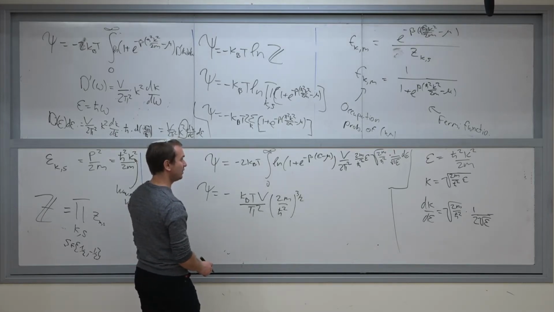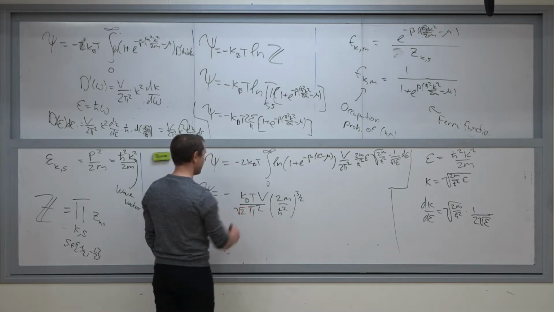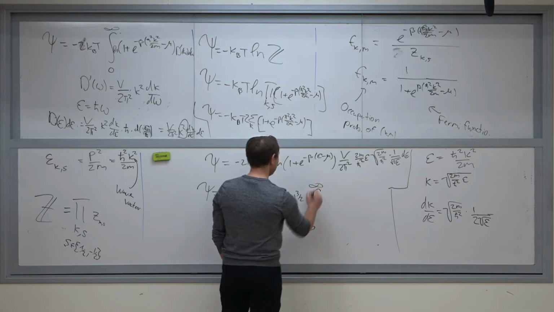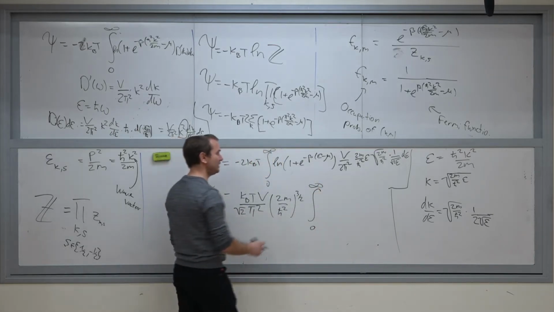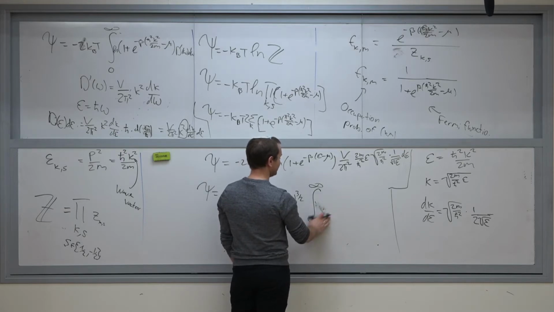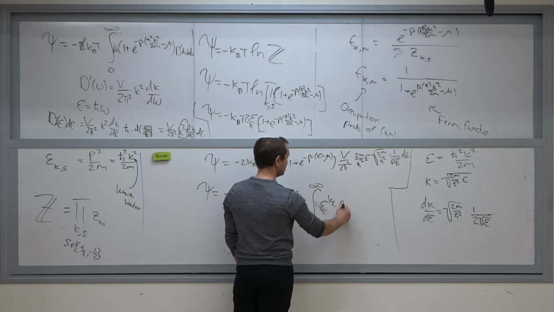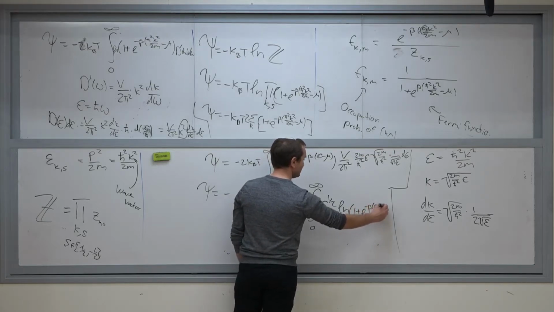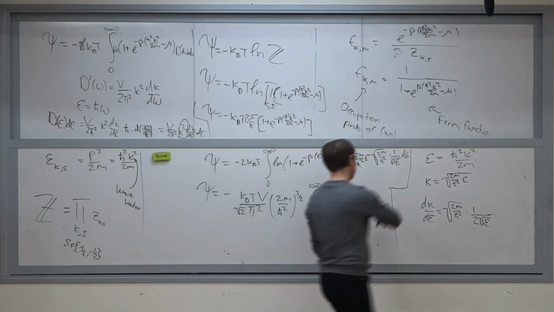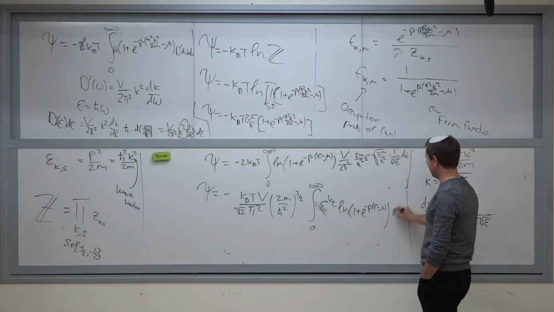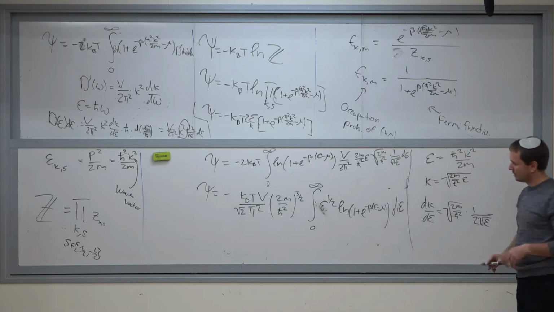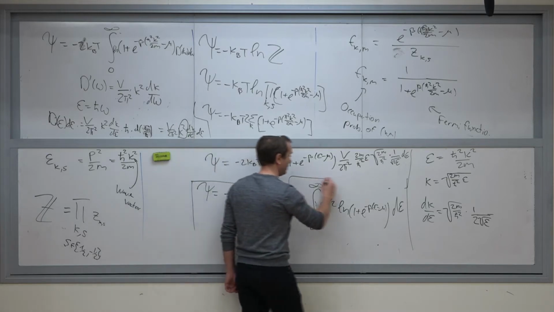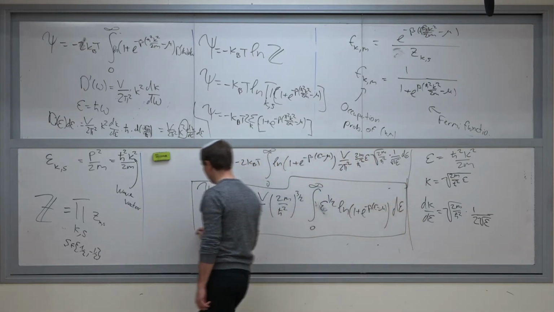We should have also a square root of 2 over here, and we are left with an integral between 0 and infinity of epsilon to the 1/2, log of 1 plus e to the minus beta epsilon minus mu, all of this, of course, d epsilon. This is the grand canonical potential of the Fermi fluid.